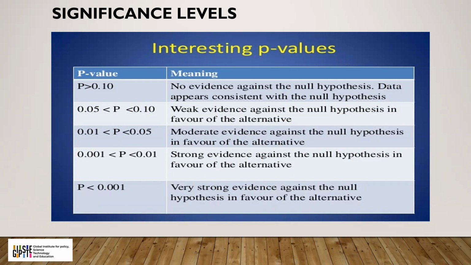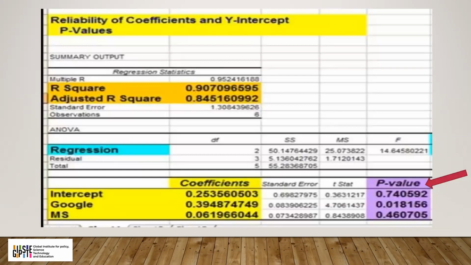Let's look at a typical regression output. Assuming you have your data and you run your regression in Excel or SPSS and you have this regression output. In this case, we have Google and Microsoft as our study variables. If you look at it, these are the coefficients and these are the p-values.